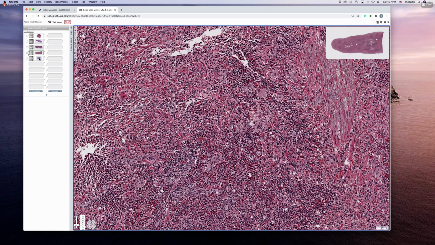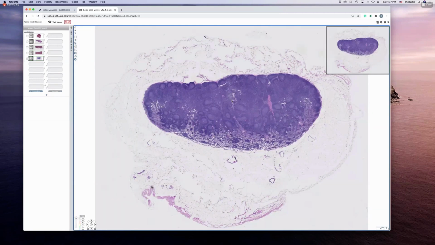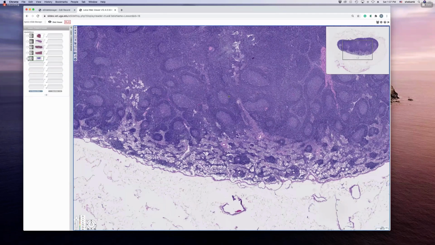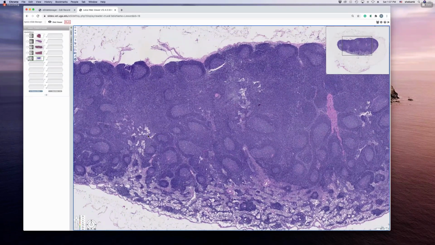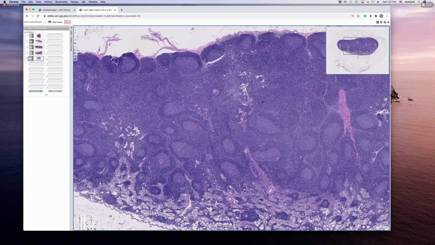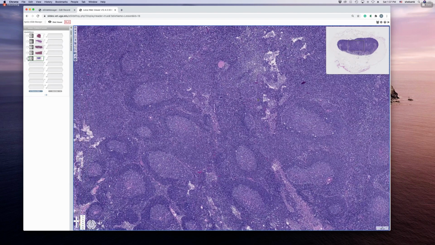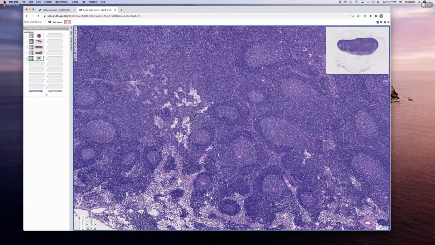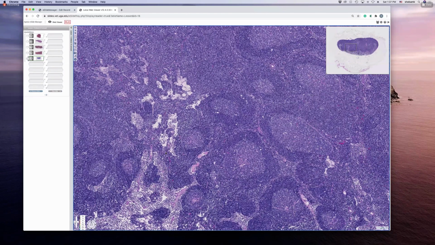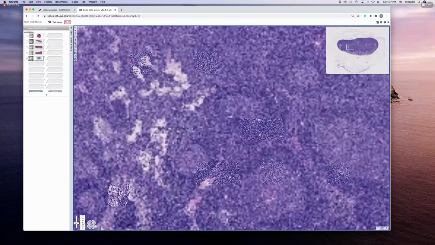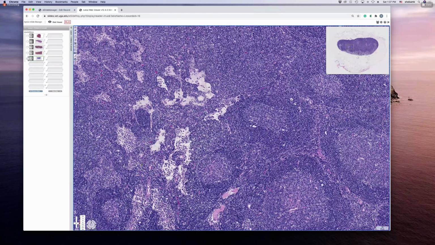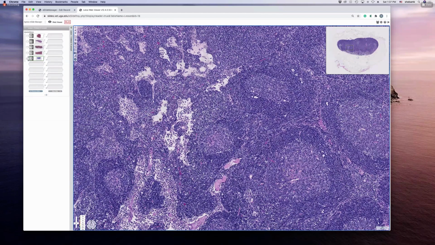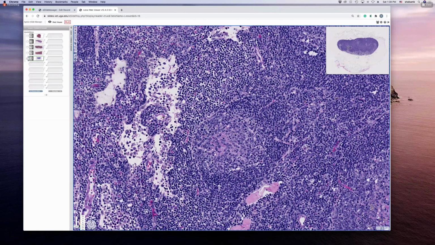One more thing. When you look at the blood vessels, there are blood vessels that come into the lymph node too. It's not just the lymphatic vessels that bring in lymph. There is actually blood circulation through these lymph nodes also. See, like right there, that's a blood vessel. You can see the blood cells in there.